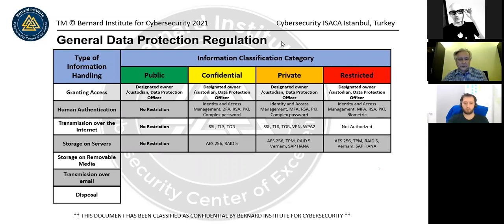Storage on servers under public, there's no restriction, but under confidential, we may be using AES 256, or we might be using RAID 5 so that we can reconstruct any kind of corrupted data and protect the integrity of that data.